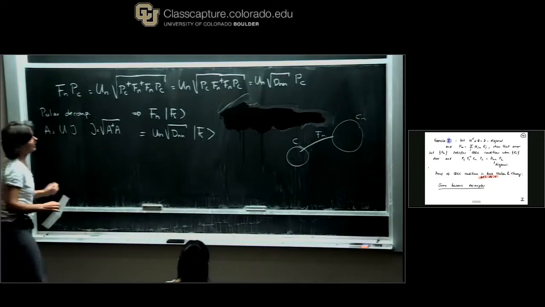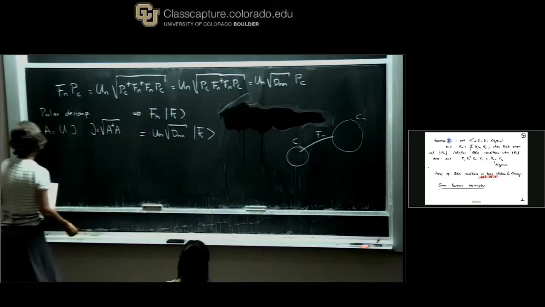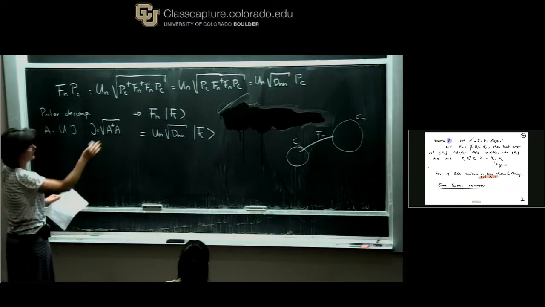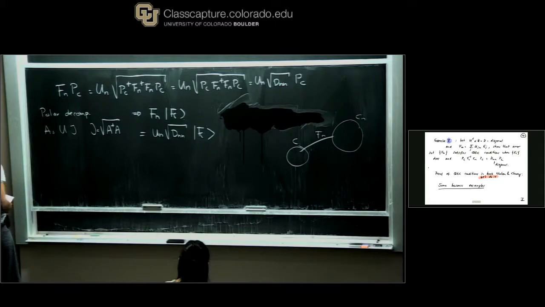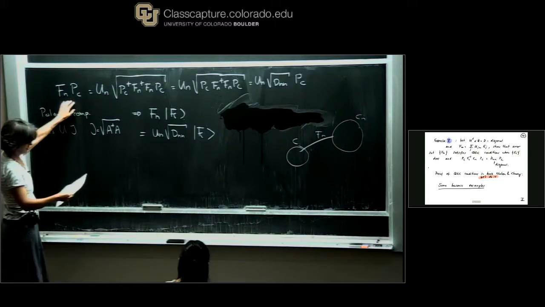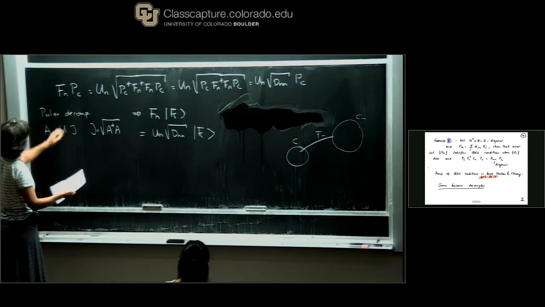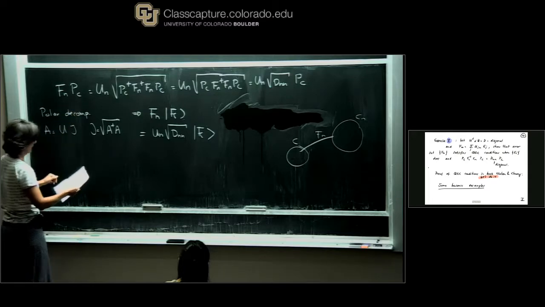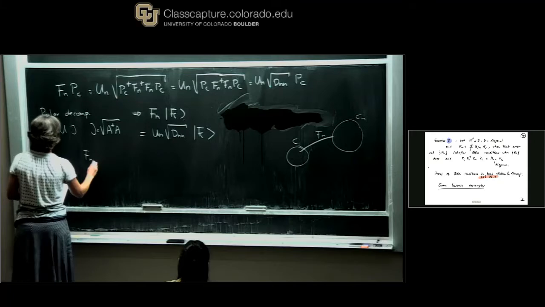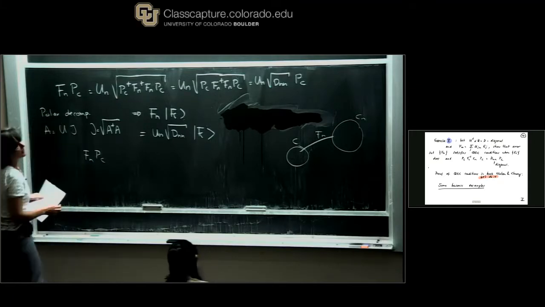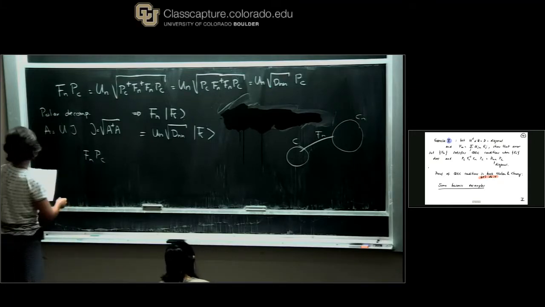Okay, but now another fact which we can find from the error correction conditions, and it also uses this. So we can just look at this quantity. Fn PC, and then we do. No, wait a minute. I want to do this one.